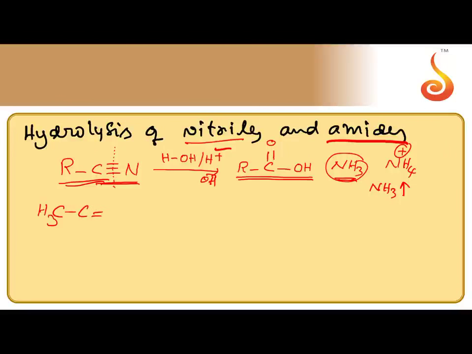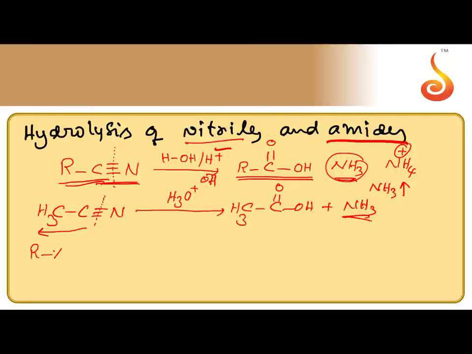Suppose CH3C triple bond N, this is ethane nitrile or methyl cyanide. When it is subjected to H3O+ acid catalyzed hydrolysis, you break the CN triple bond and you get CH3C. The triply bonded carbon will become COOH, acetic acid. The nitrogen is converted into ammonia or ammonium ion.